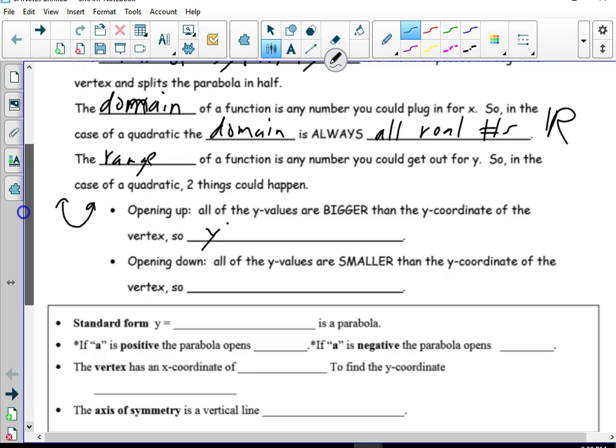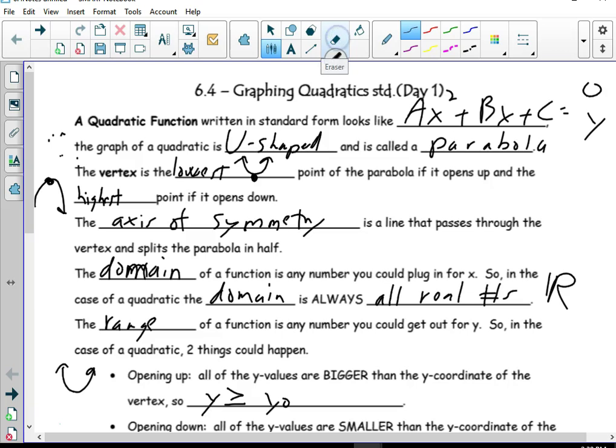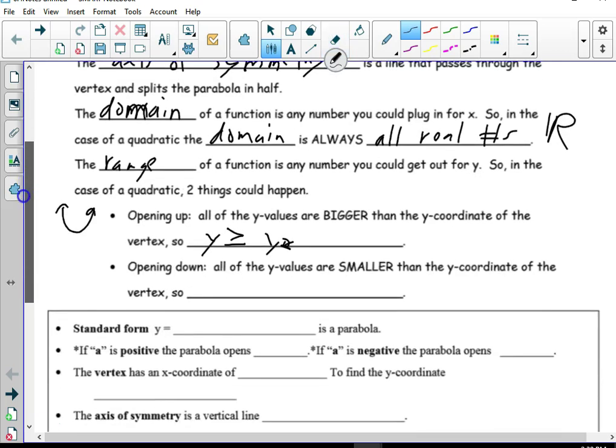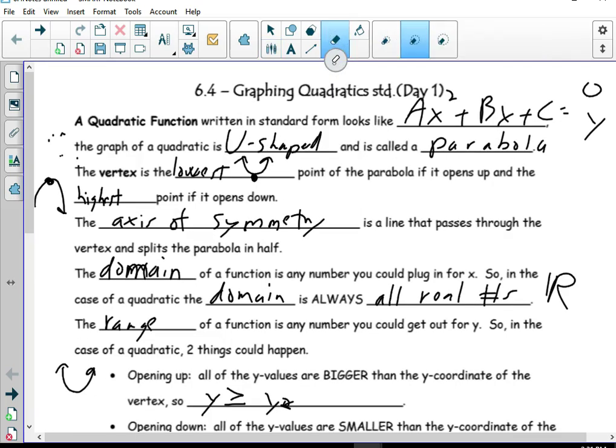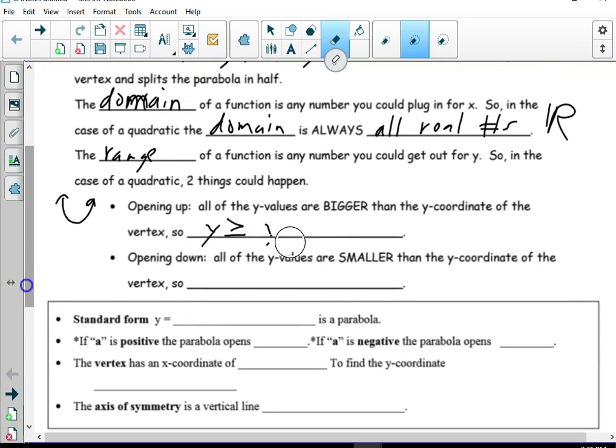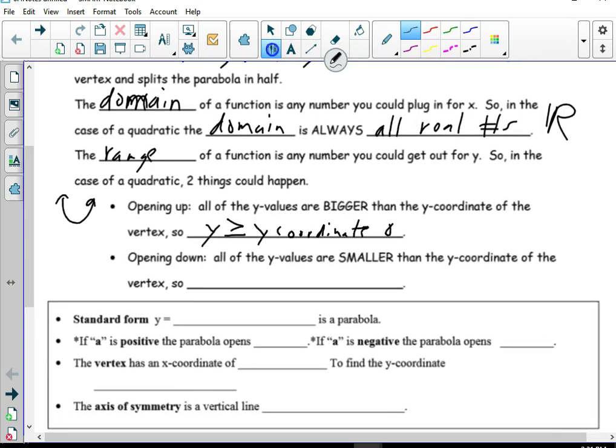So y is greater than or equal to the y-coordinate of the vertex. Once you know the vertex, that's the lowest point, so the range goes from there up.